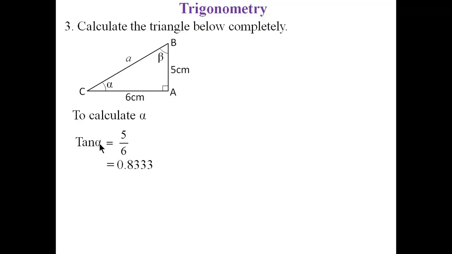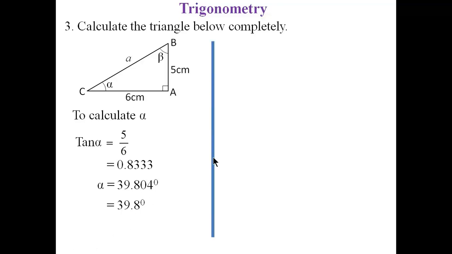So from our calculator or 4-figure tables, we find the tan inverse of 0.8333 to get the value of alpha. So alpha is equal to 39.804 degrees, and that will give us 39.8 degrees to 3 significant figures.